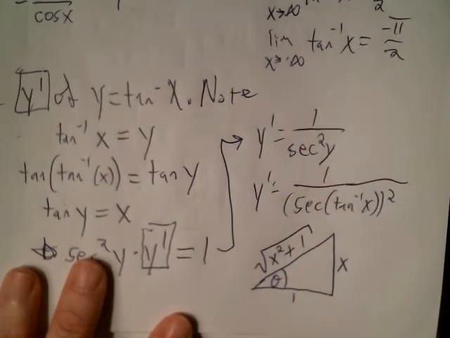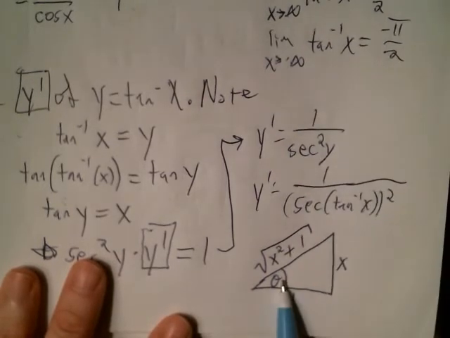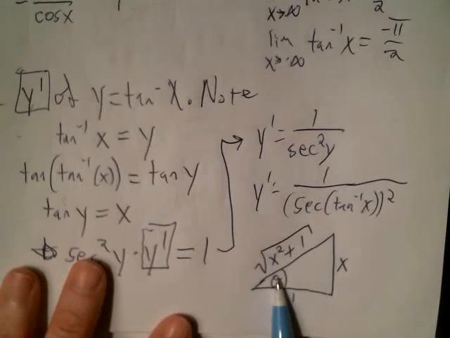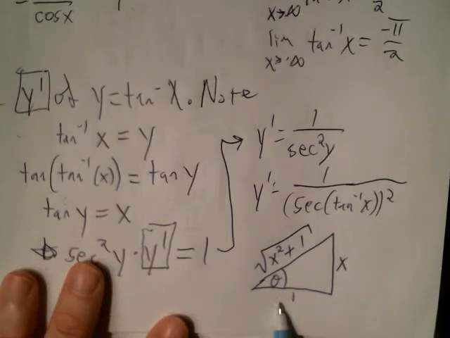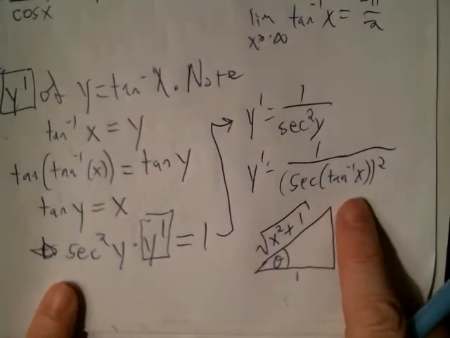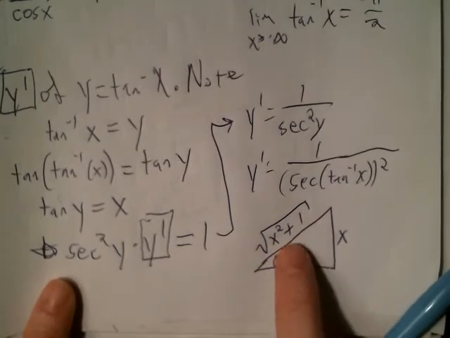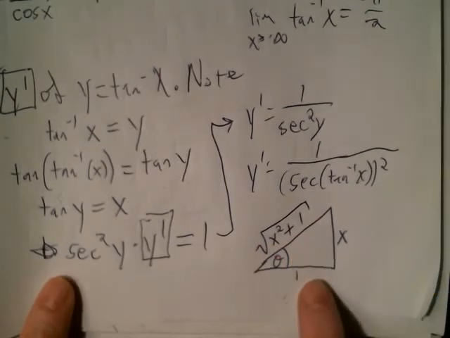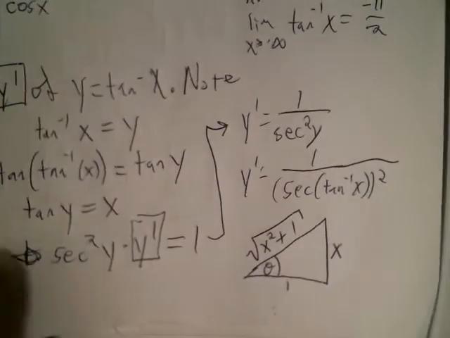So the secant of this angle here, the secant is 1 over cosine, so that's going to be hypotenuse over adjacent. I could replace the secant of tan inverse of x with square root x squared plus 1 all over 1.